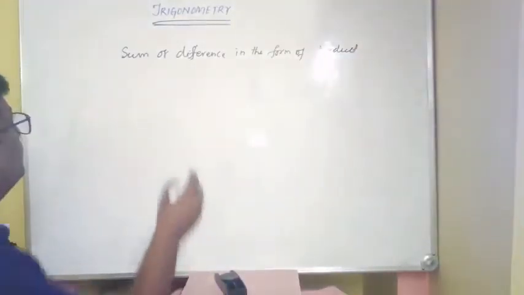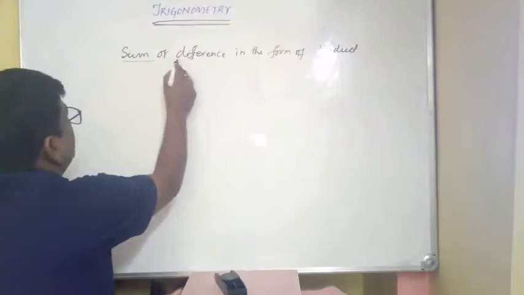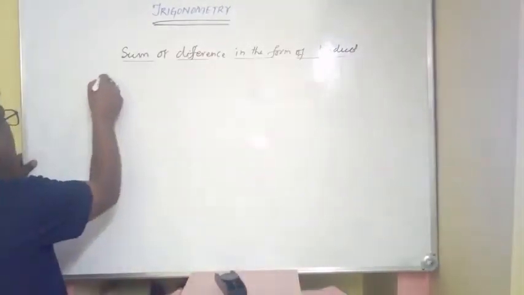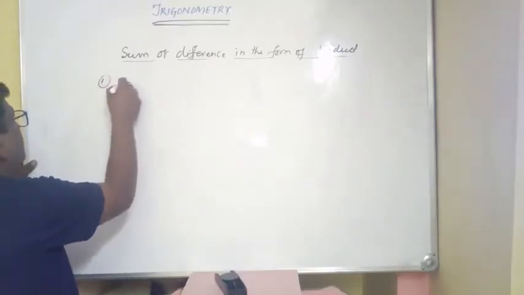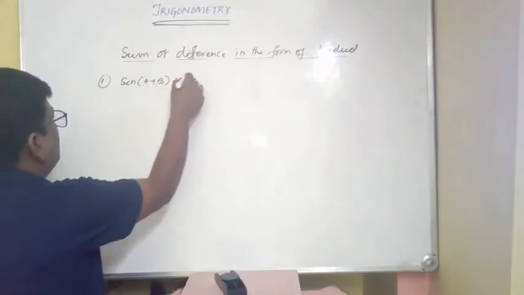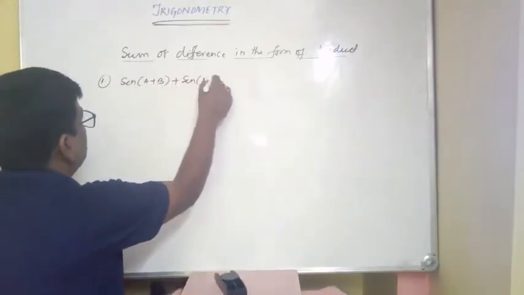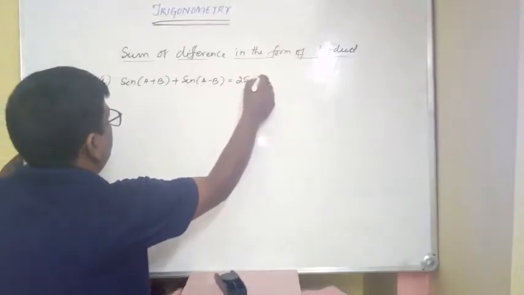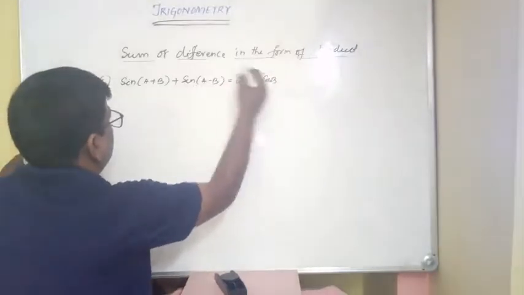Suppose number 1, sin(A+B) plus sin(A-B) is equal to 2 sin A into cos B.